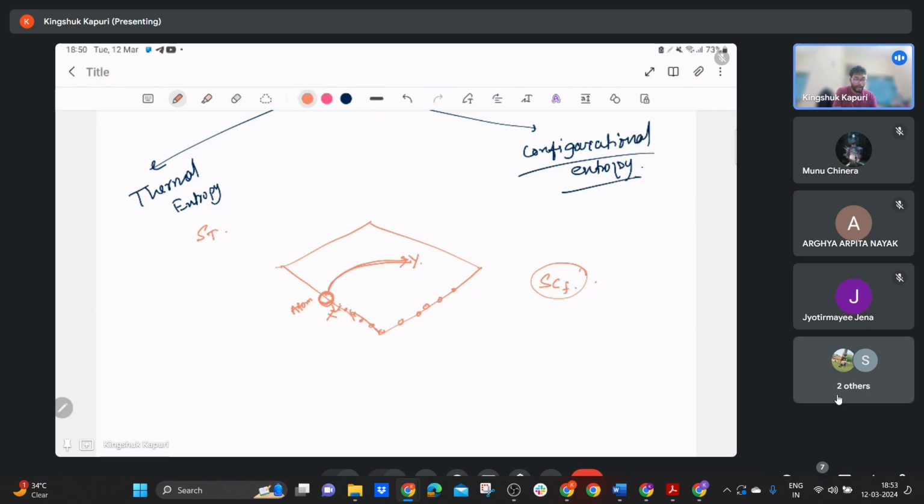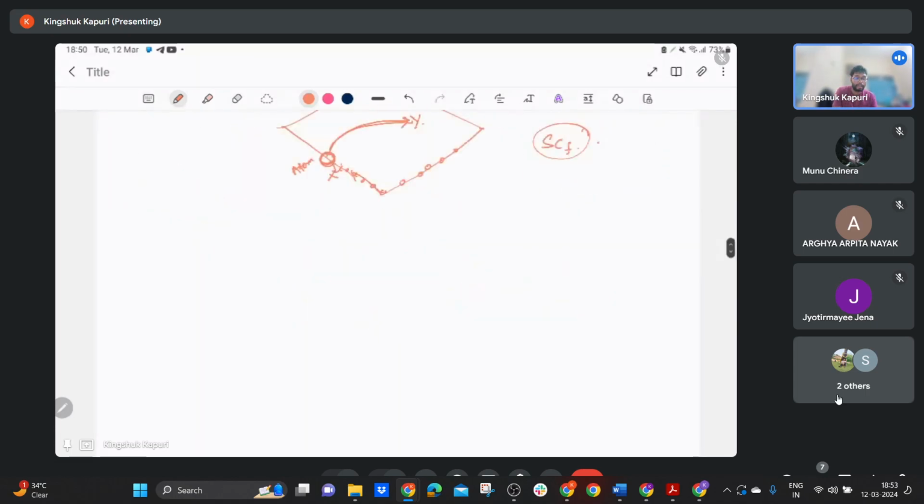Now our question is how we can calculate this thermal entropy. We know that if we are measuring entropy in a thermodynamic system, there are certain boundary conditions that we must consider. If a system receives an amount of heat, or any amount of energy, what expression can we use to represent that amount of energy?